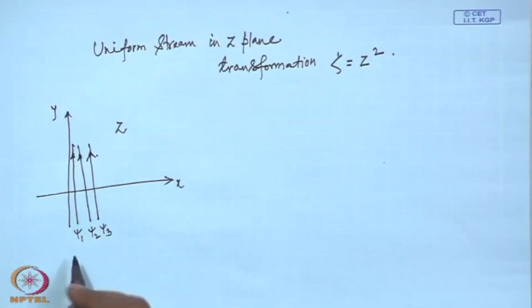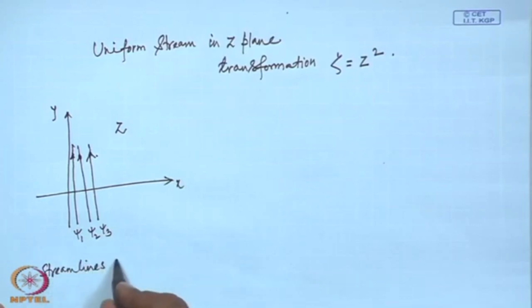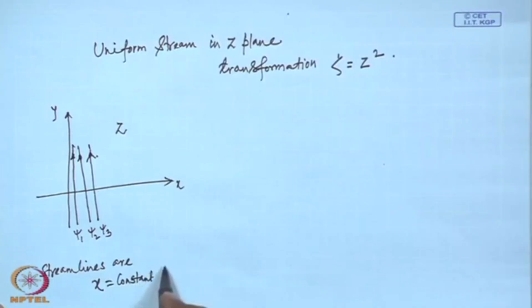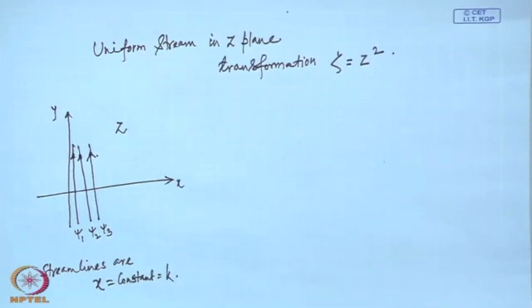The streamlines are x equal to constant. So, what will happen to the streamlines on the zeta plane? Parabola.